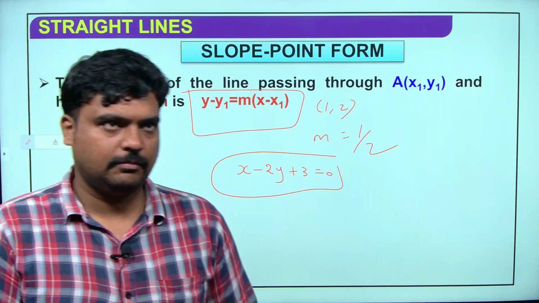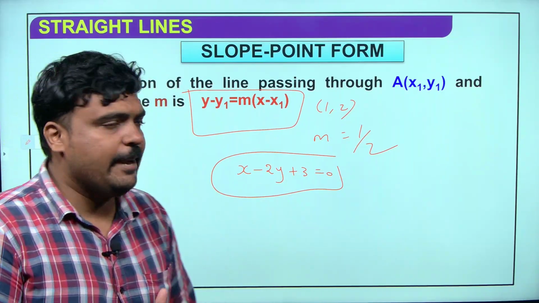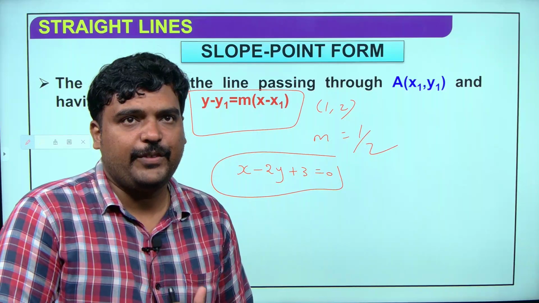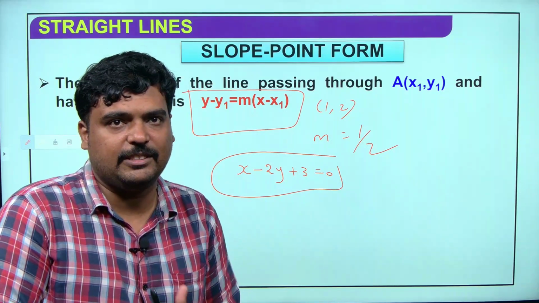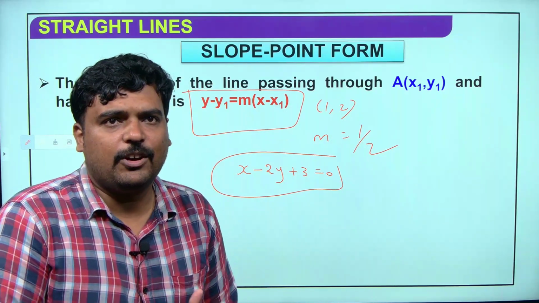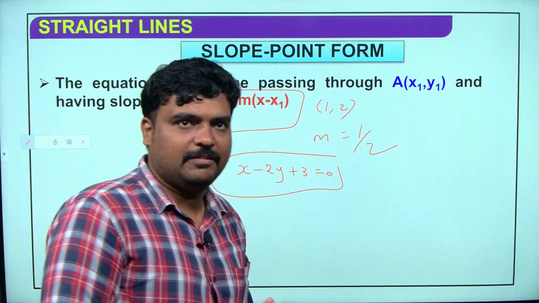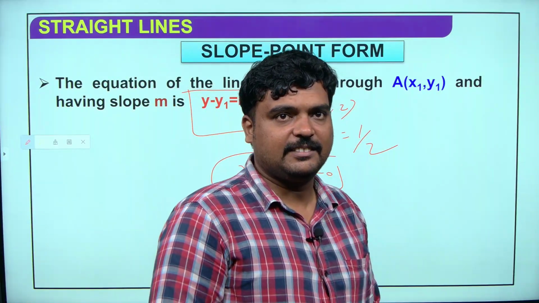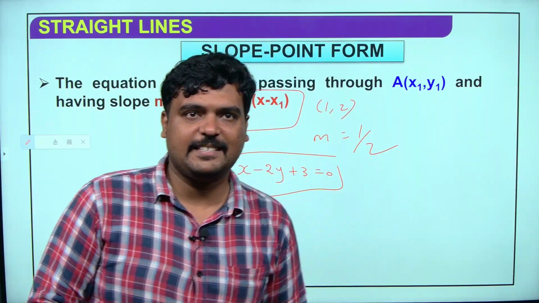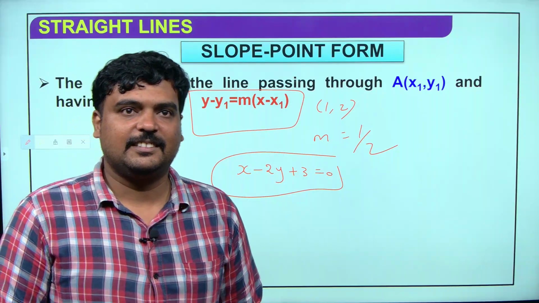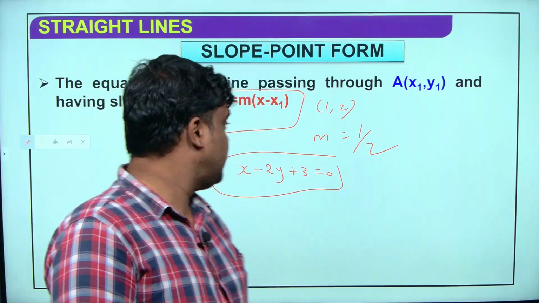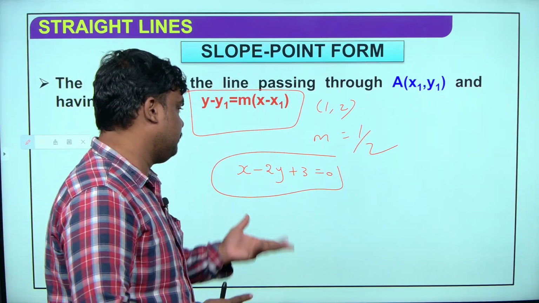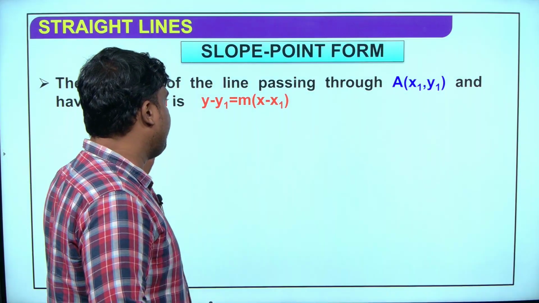So anybody having a different answer? If anybody has a different answer, you can say. Mr. Manoranjan, have you got the same answer? Plus 3 equal to 0, sir. Okay. So I hope everybody got the answer.